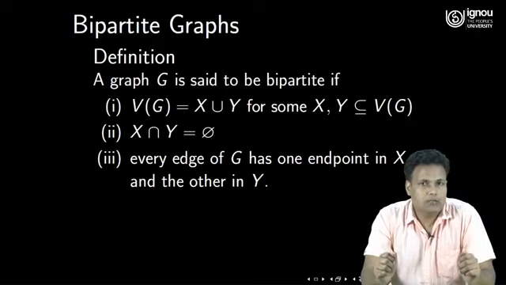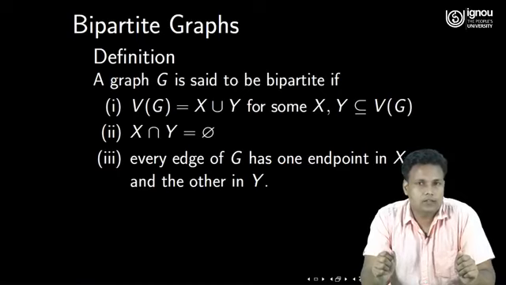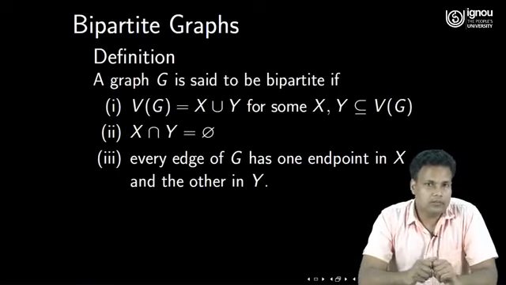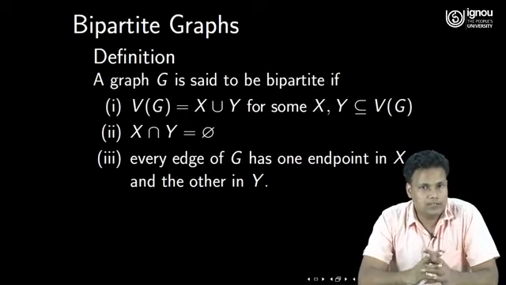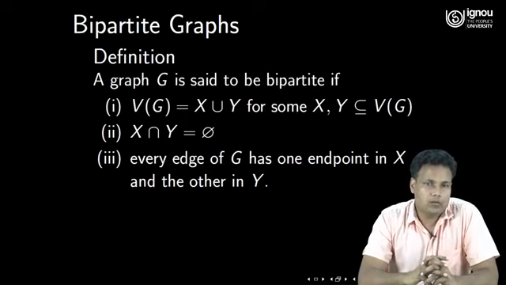That means one endpoint lies in one set and the other endpoint lies in a different set. Such a graph is called a bipartite graph, and the sets X and Y are known as the partite sets.